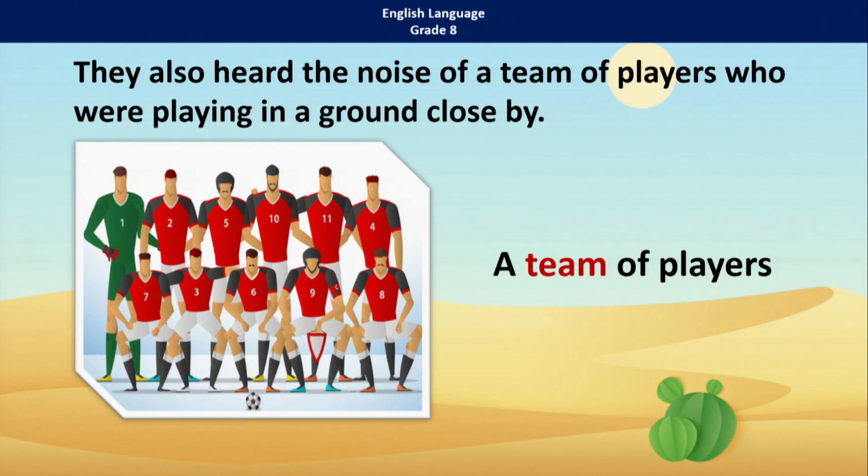Team of players. Right. Now, we talked about three things. While they were bathing, they heard the noise of a team of players. And they saw, yes, a swarm of butterflies and a bunch of wild flowers.